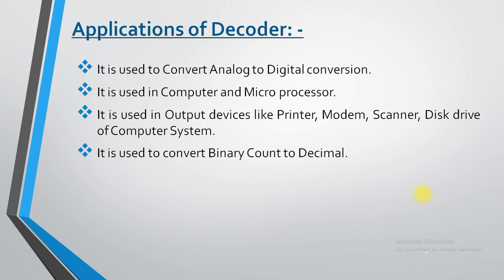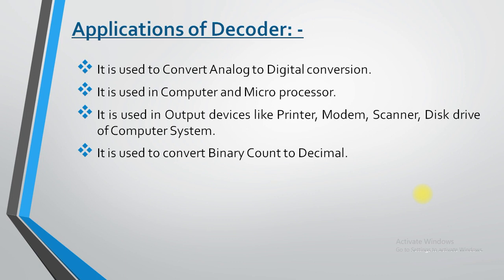There are several output devices in which decoders are used, like printer, modem, scanner, disk drive of a computer system. And when you want to convert binary count to decimal, at that time also decoders are used.